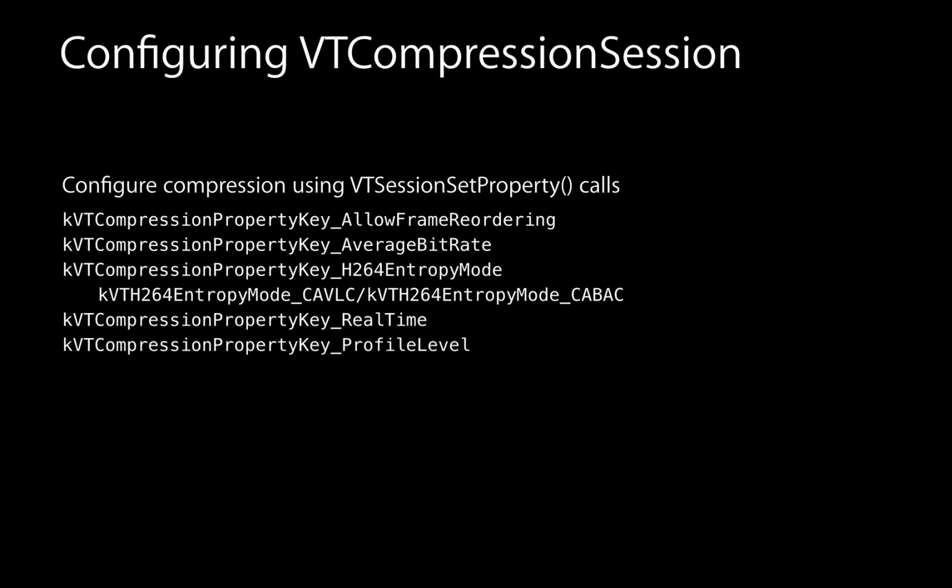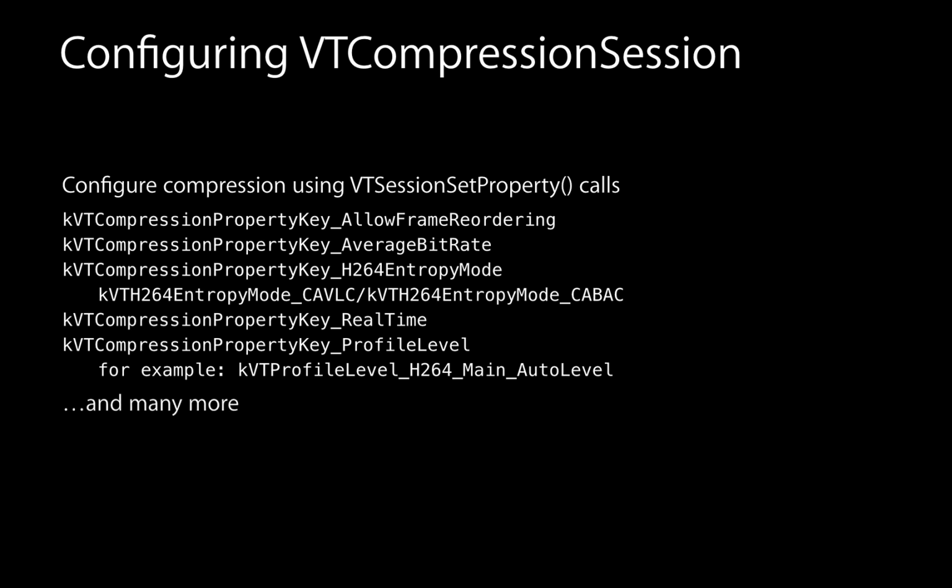And the final one I'm going to mention here is the ProfileLevel key. This allows you to specify specific profiles and levels, or specific profiles and allow us to choose the correct level. And this is definitely not an exhaustive list. There's a lot of these options available. So go ahead and look in VTCompressionProperties.h and see what we have for you.